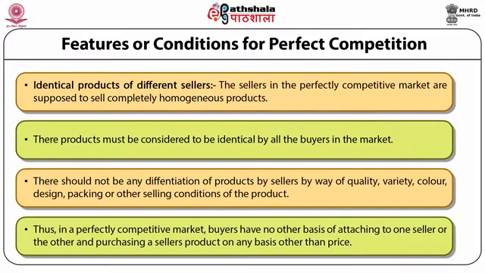Thus, in a perfectly competitive market, buyers have no other basis of attaching to one seller or the other and purchasing a seller's product on any basis other than price.